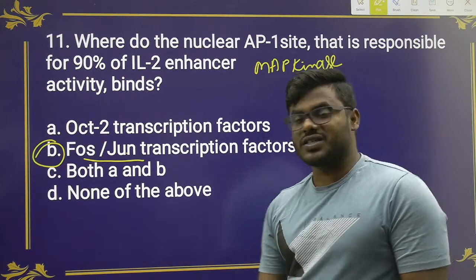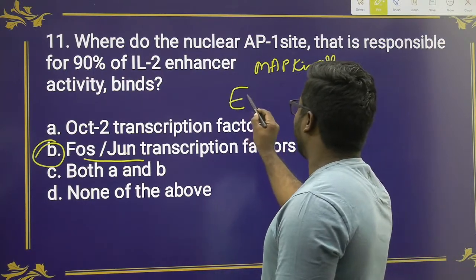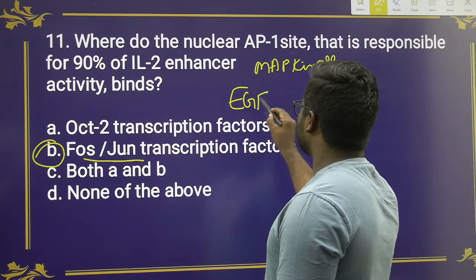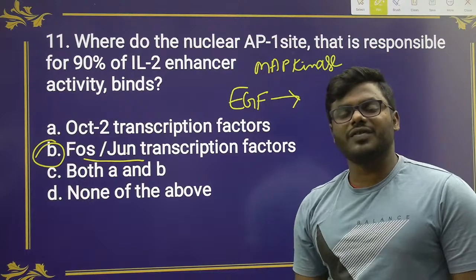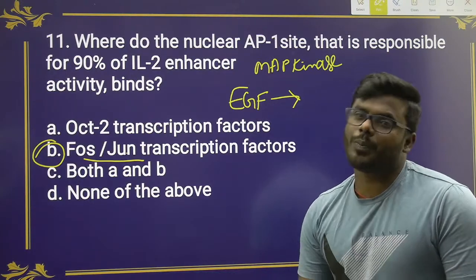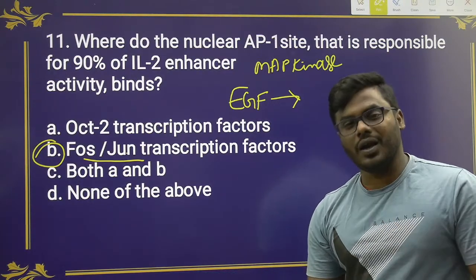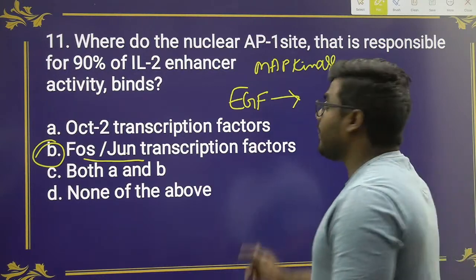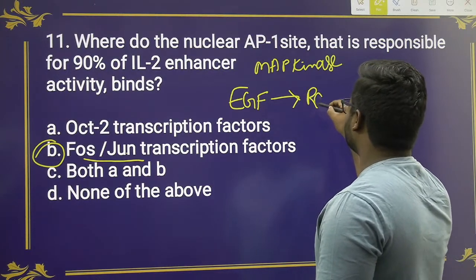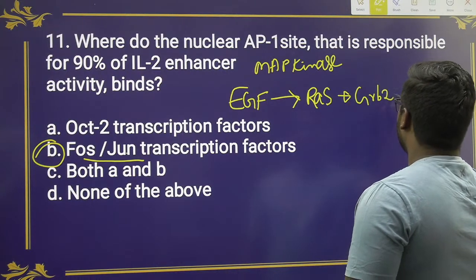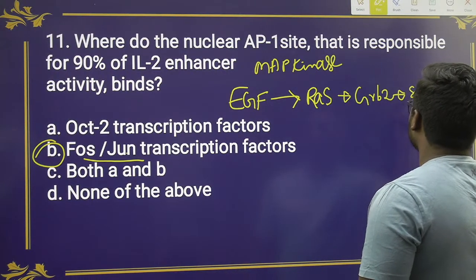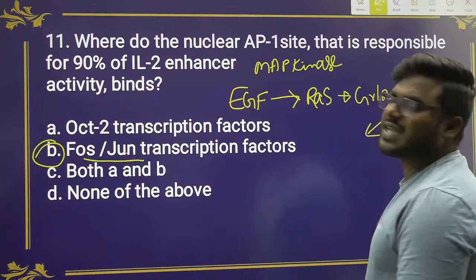Whenever a particular signal, first of all EGF, whenever the EGF-associated receptor gets activated, upon activation of the receptor, autophosphorylation will occur. You all know very well. Upon autophosphorylation, GRB2 gets activated, then SOS, then RAS gets activated. Then immediately what happens, friends?